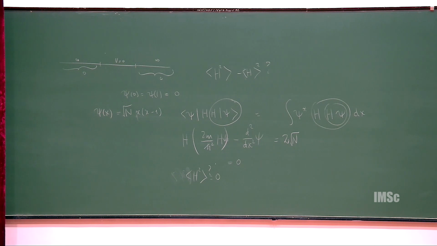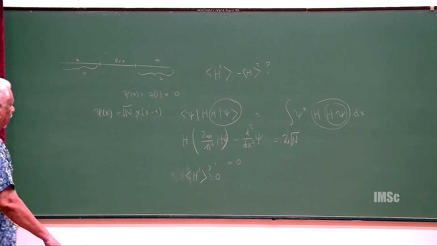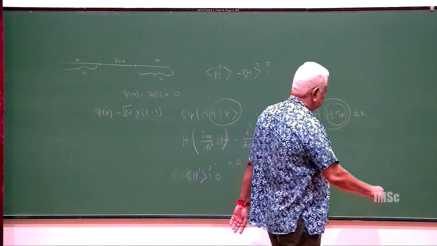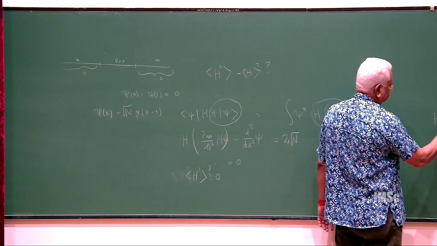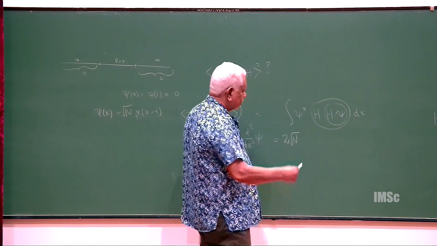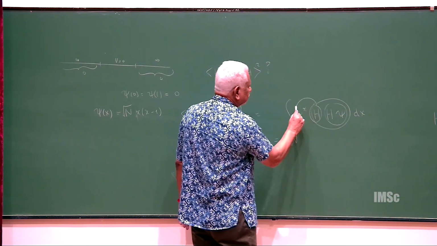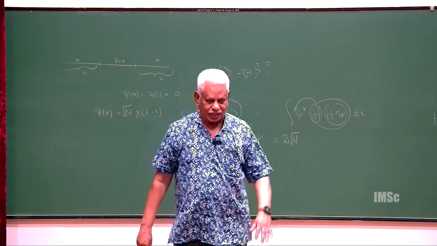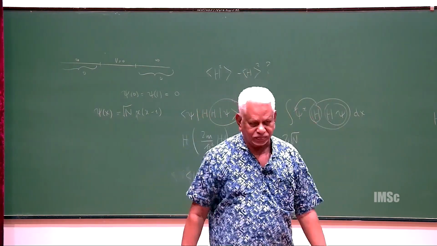Which will also lead to the same result, is I can do this. I can act on H acting on psi gives you chi. This H can act on this, right? It acts on psi star.